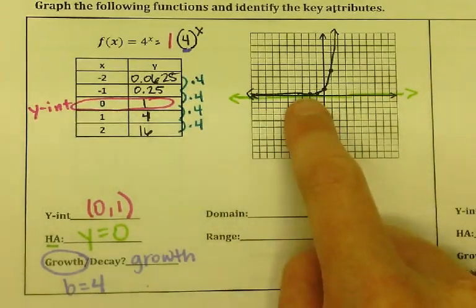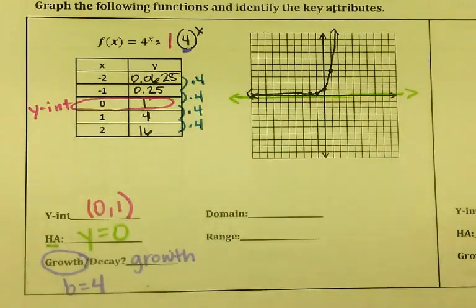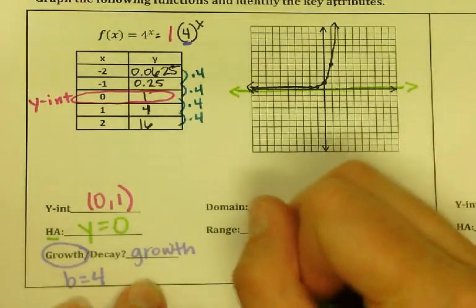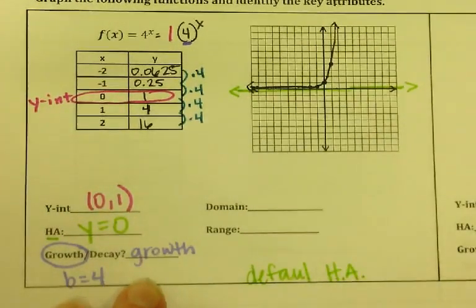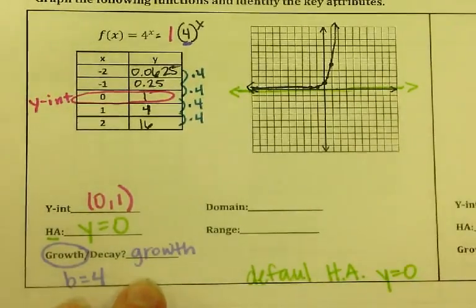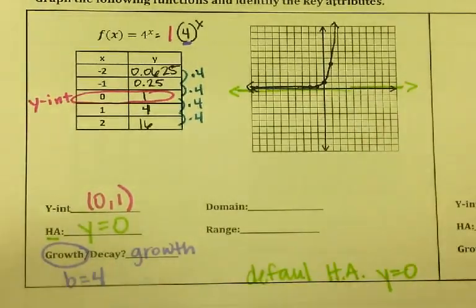And I'm going to tell you right now, the default horizontal asymptote is y equals 0. That's kind of where you begin and where you start, and we'll talk about how that shifts in a little bit.